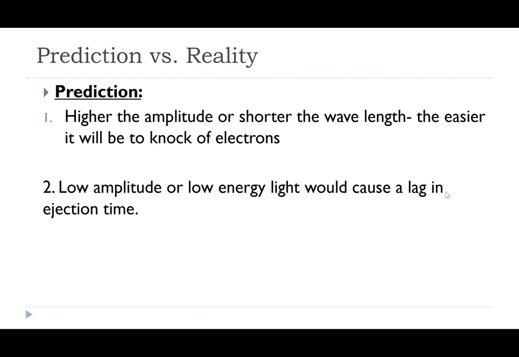Okay? Low amplitude or low energy light would cause a lag time. So what this is saying is that if you don't have enough intensity when you first hit that piece of metal with light, you could keep tapping on that piece of metal and eventually that electron would come off.